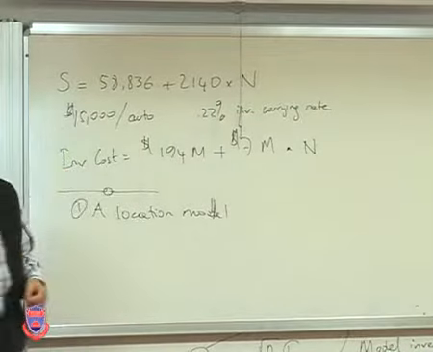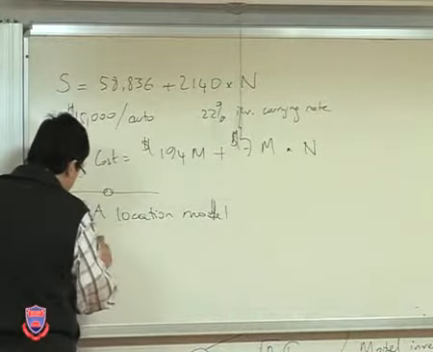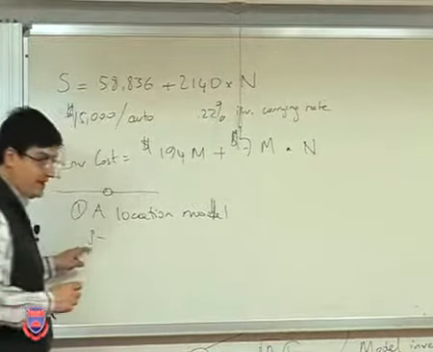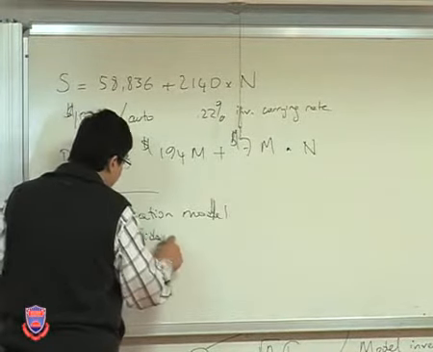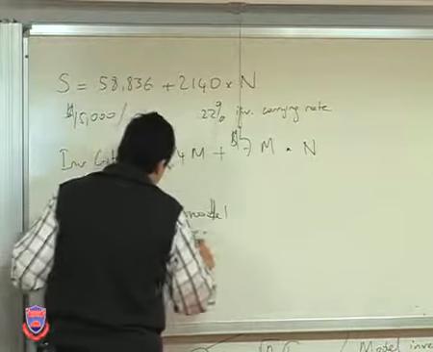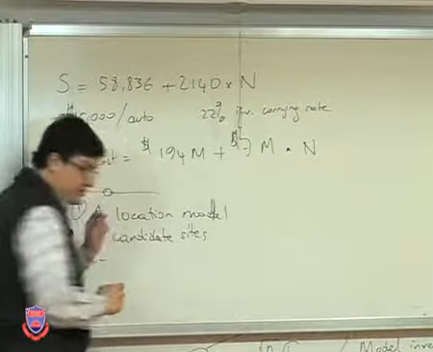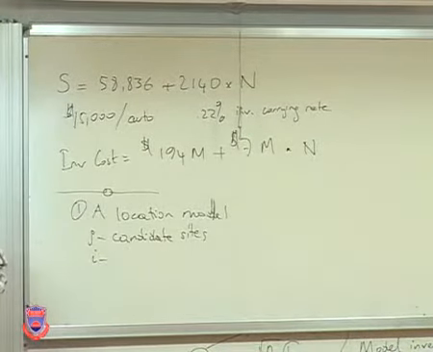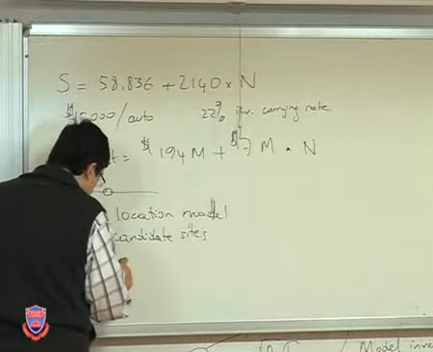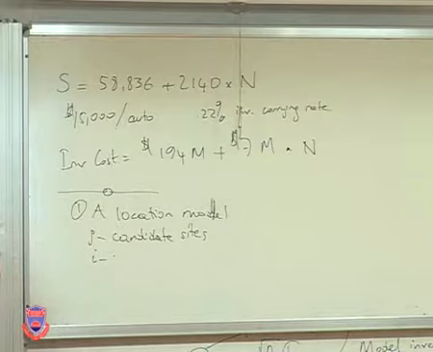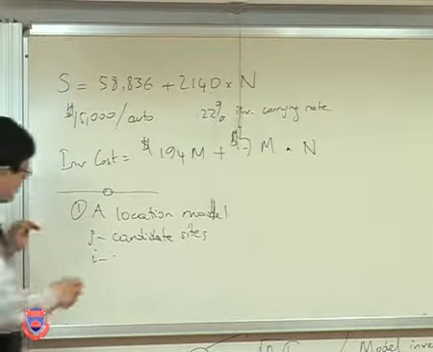So what we have is that J is going to stand for candidate sites, and I is going to stand for the demand point.